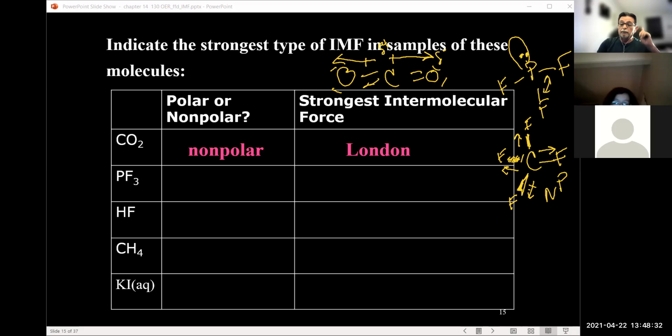Now, this is important, so put this in long-term memory. If I were to replace one of these fluorines with anything else, no matter what, other than fluorine, let's say maybe even chlorine, put a chlorine in there, guess what happens? Now I have a polar molecule, because of the magnitude of that dipole arrow.